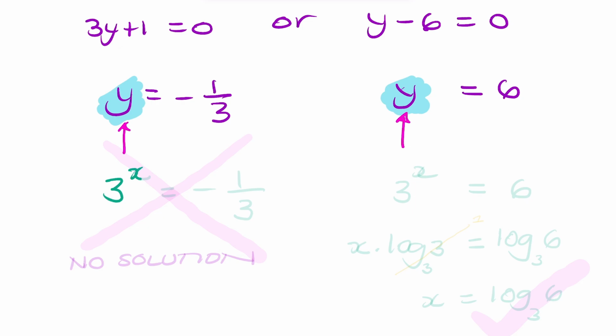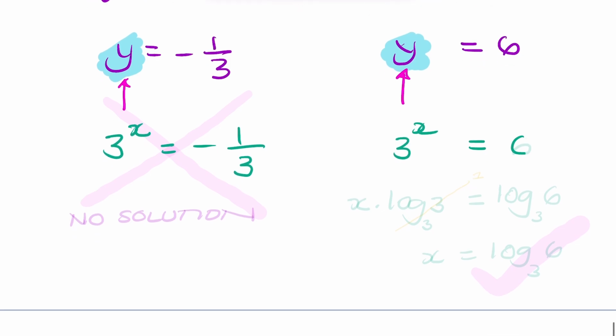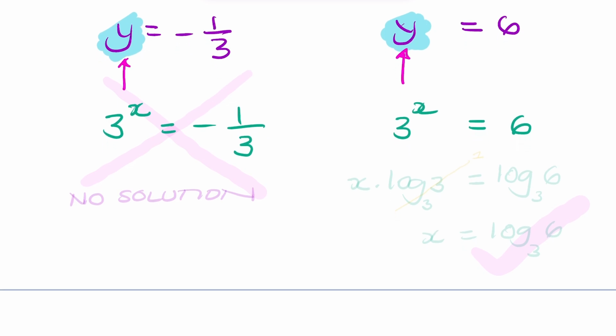So 3 to the power x equals negative 1 over 3, or 3 to the power x equals 6. So this 3 to the power x equals minus 1 over 3, there's no solution for that. It's not possible to raise 3 to any power to get a negative number, so there's no solution for that branch. But 3 to the power x equals 6 can be solved.